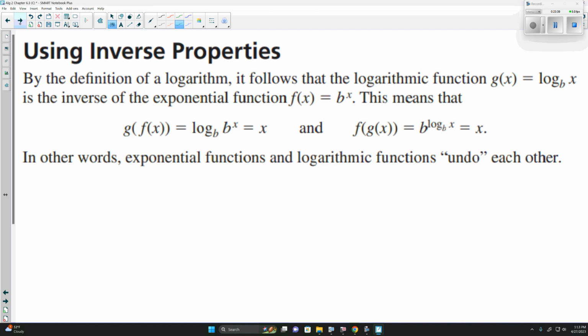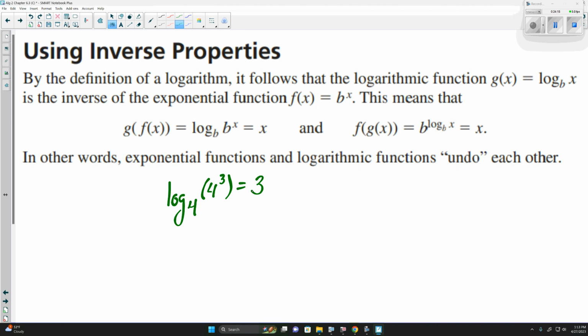Inverse property, and this is something that is nice to know. The log base b of b to the x is x. If the base and what's inside are the same, it simplifies to just x. Now we saw this earlier when we had log base 4 of 4 to the third was 3, because in this case x is 3, and the b in both cases here is 4.